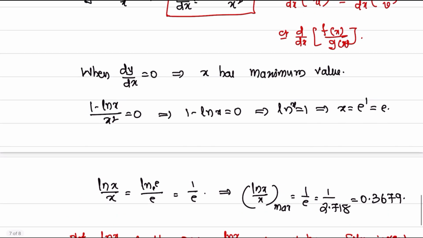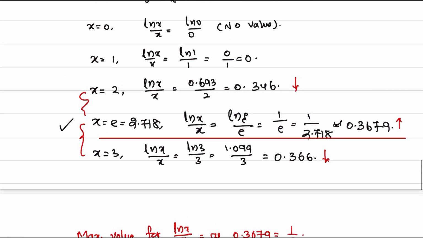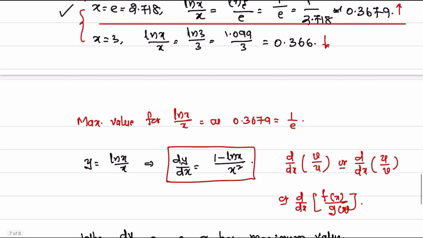When x is equal to 0, we can't find the value of ln 0 by 0.